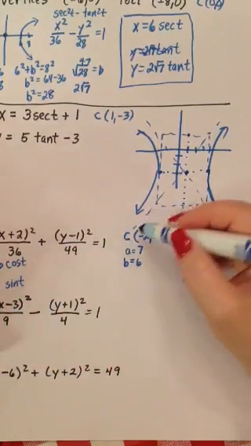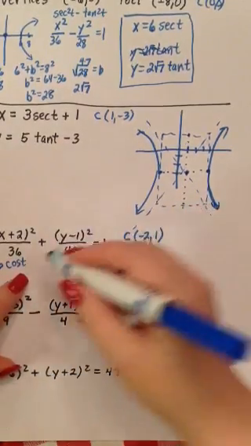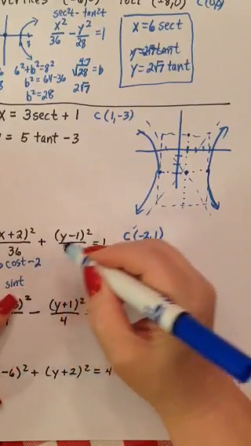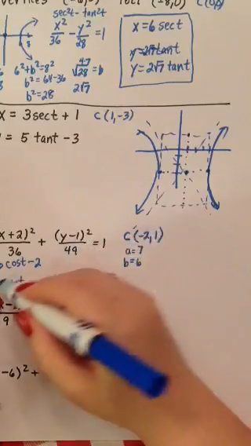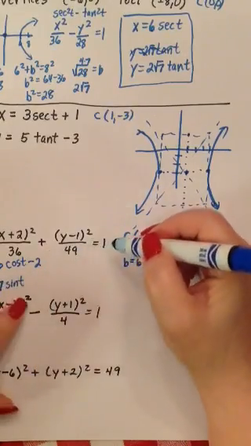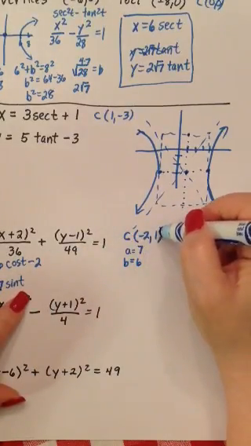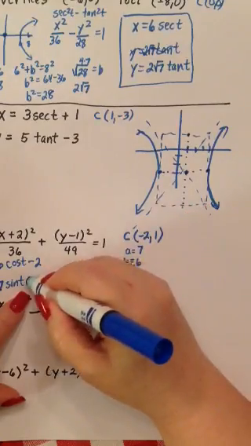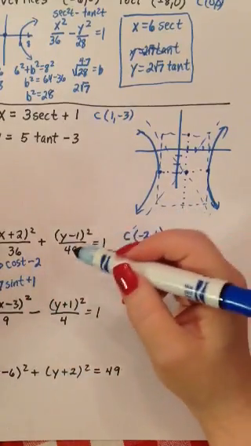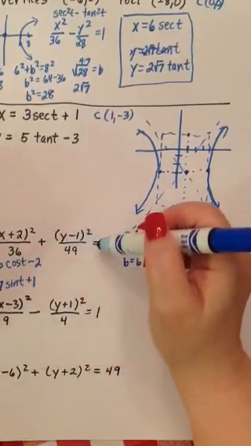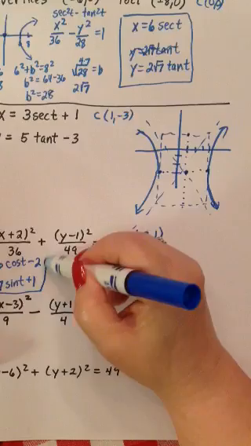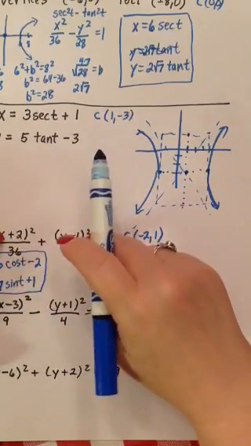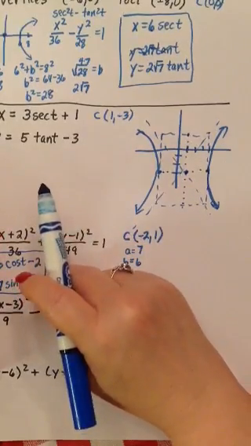And then the x portion of the center is -2, so you write -2. And then we already wrote sine. You look at your y. The square root of 49 is 7, so that's what you put there. The y portion of your center is 1, so you go +1. So those are the parametric equations that are associated with this equation of an ellipse. This is called the rectangular equation, and these are the parametric equations.